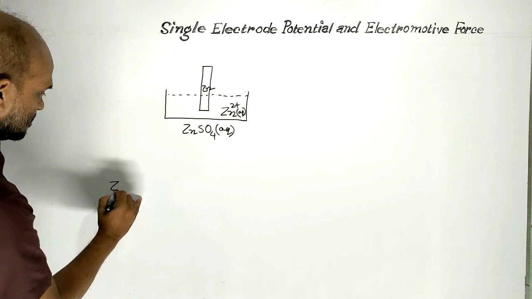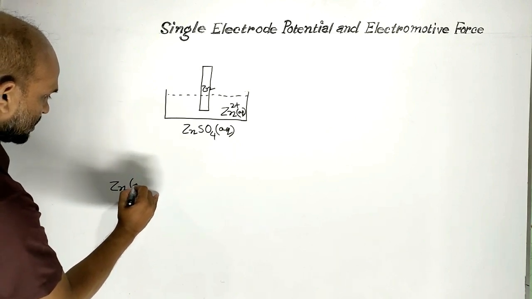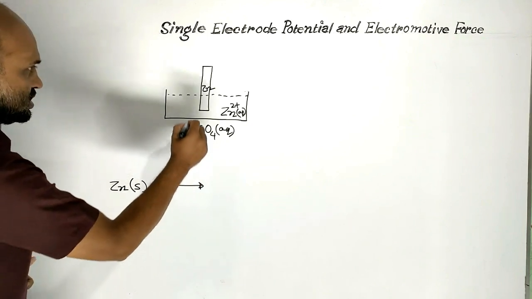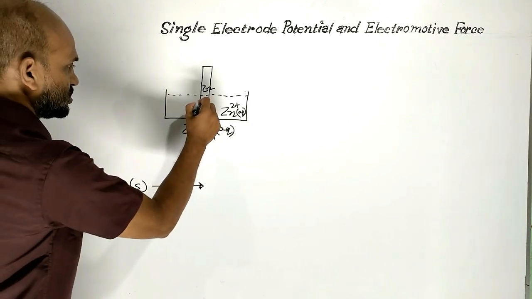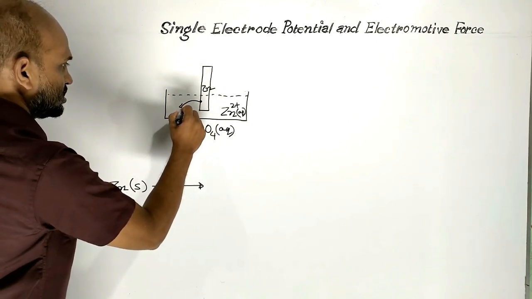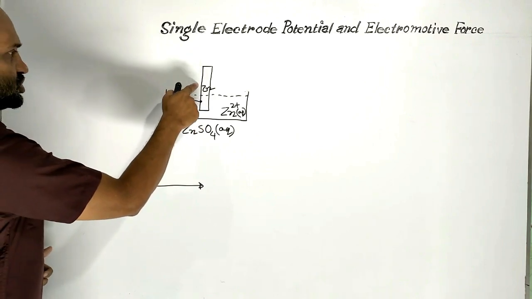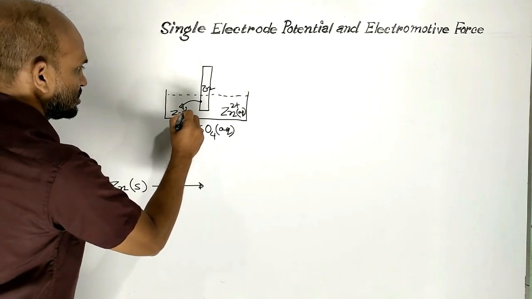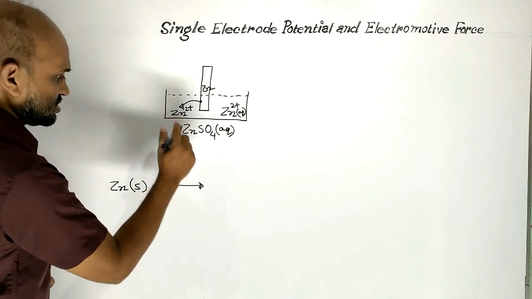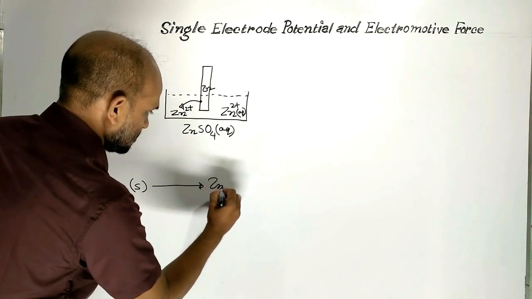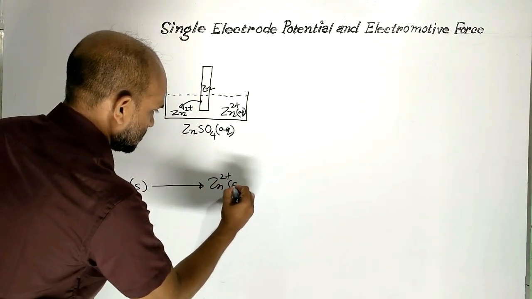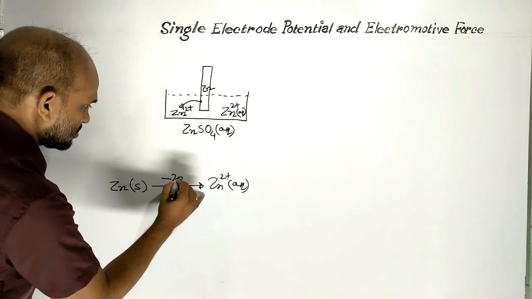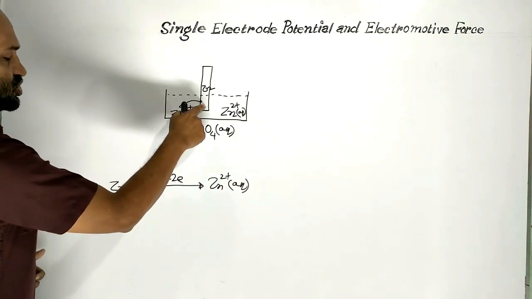This reaction: zinc atoms from the zinc strip go to the solution as zinc 2 plus ions, leaving electrons in the strip.